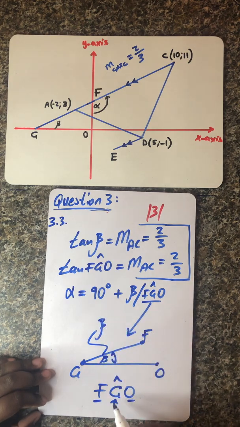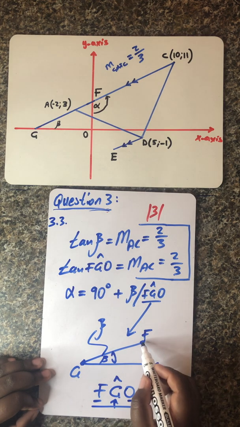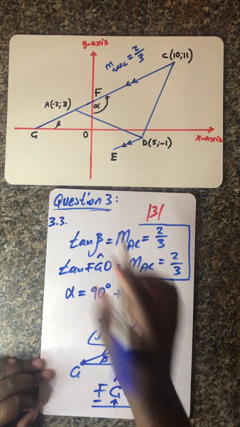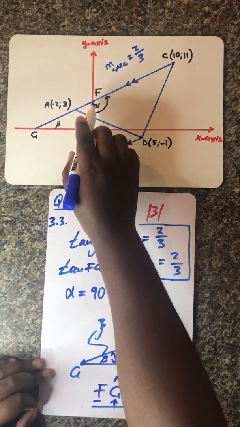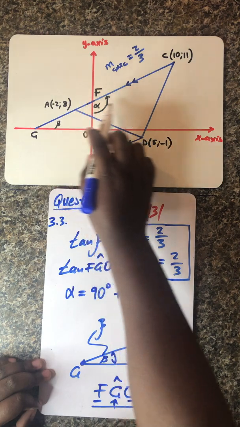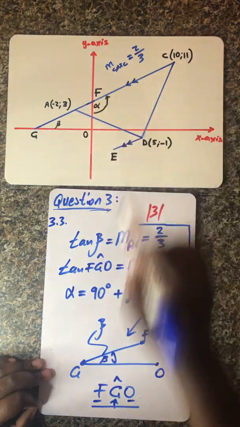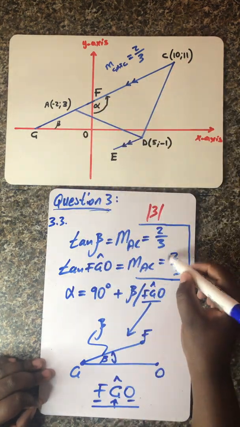You can either name it as angle beta or write it in this format, such that you indicate to the examiner that this is the angle you're calculating, because you know that angle is the same as the angle formed between the dotted line and that line of this gradient.